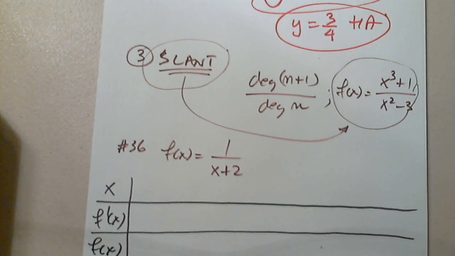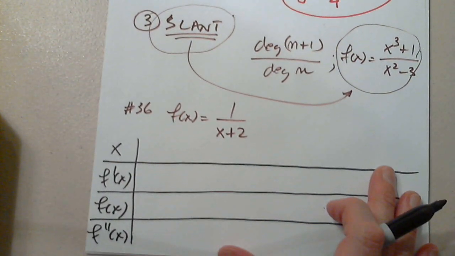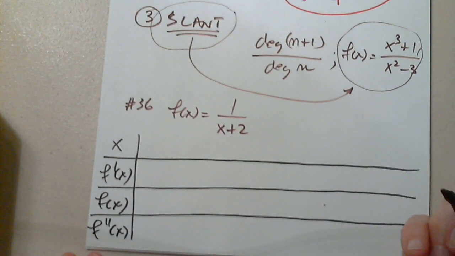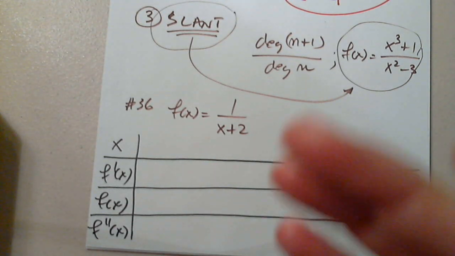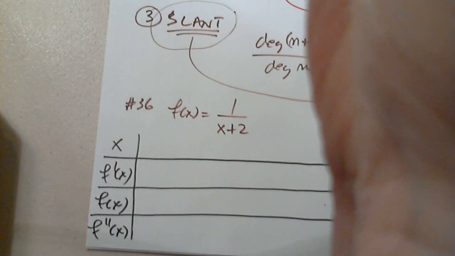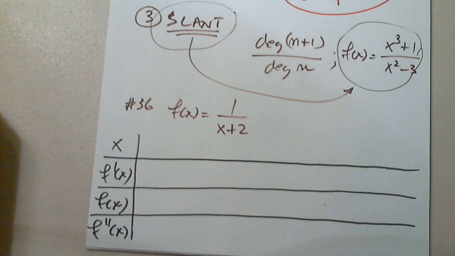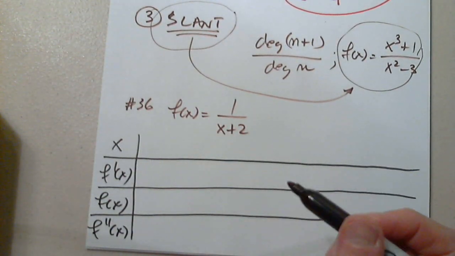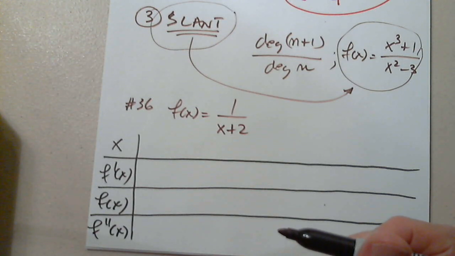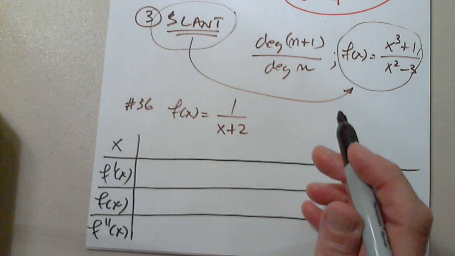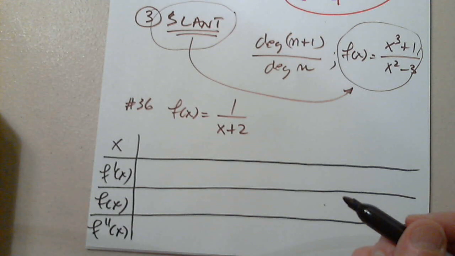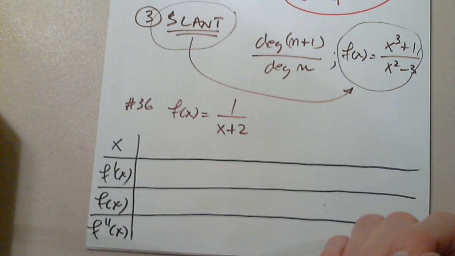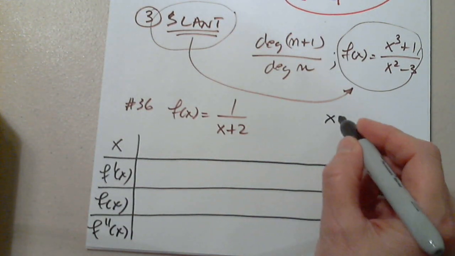Can anyone give us the domain of this function? I'm not sure, but is it negative infinity to negative 2 union negative 2 to infinity?